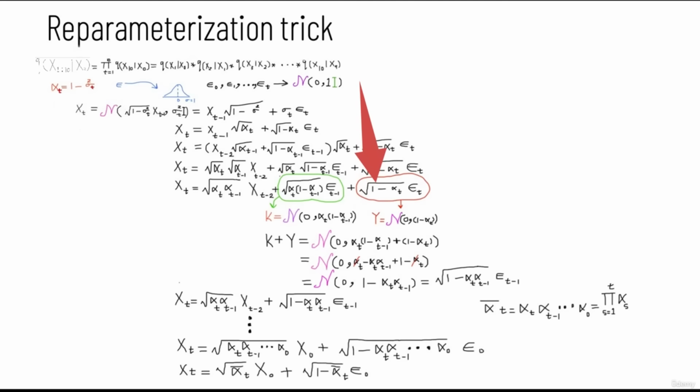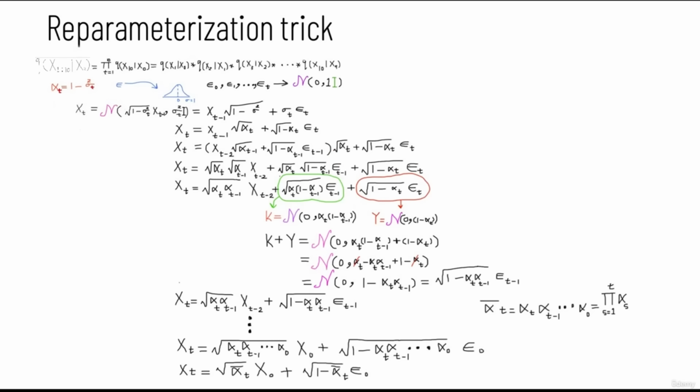The standard deviation for this distribution is the square root of 1 minus alpha at time step t. So the variance will be equal to 1 minus alpha at time step t, while the mean of this distribution will be equal to 0. You should know that if you want to add two Gaussian distributions, you can directly add their means and their variances.